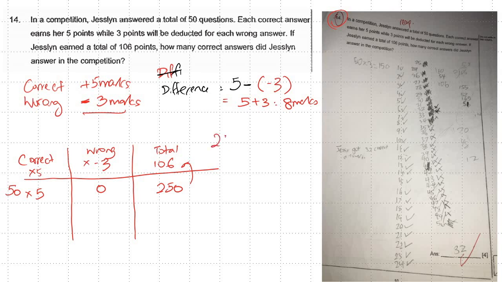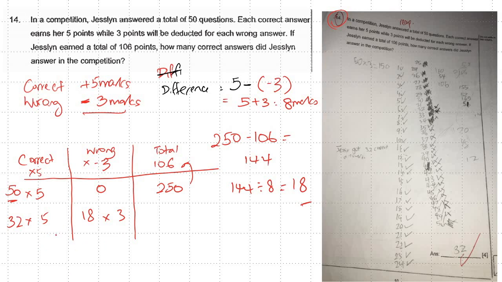So I find the difference also. There I will have 144. 144 divided by 8 will give me 18. So it means that it cannot be all 50 correct ones. I need to give 18 to wrongs. And then here will be 32 times 5. Then here times 3.